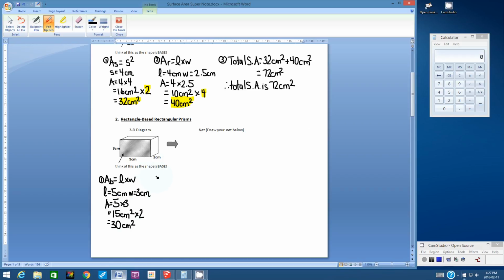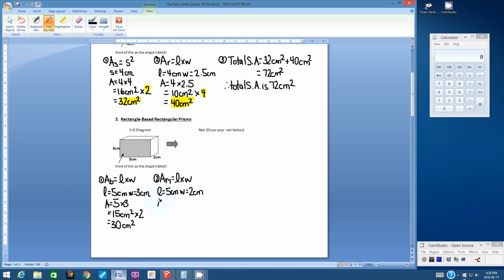In the second part of our solution, area of rectangle 1 equals length times width. We said the dimensions were 5 by 2, so the longer side is 5 centimeters, that's our length, and the shorter side is 2 centimeters, that's our width.